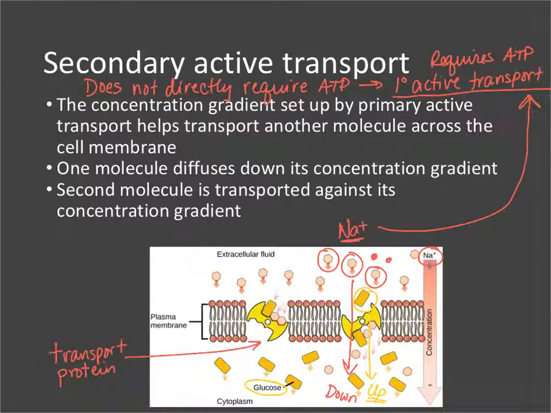So just to recap, for secondary active transport, ATP is not directly needed. Something gets transported up its concentration gradient, but then something else is getting transported down its concentration gradient, but it was originally transported up its concentration gradient during our primary active transport.